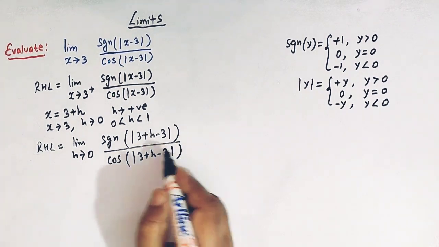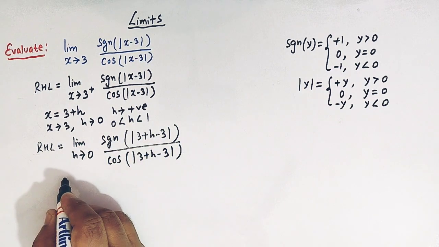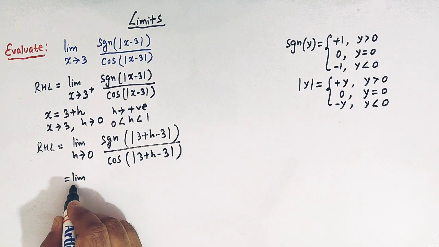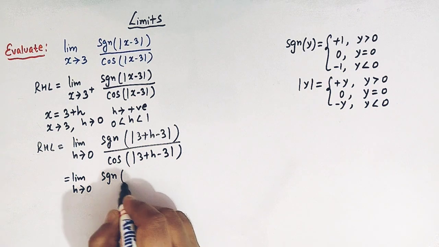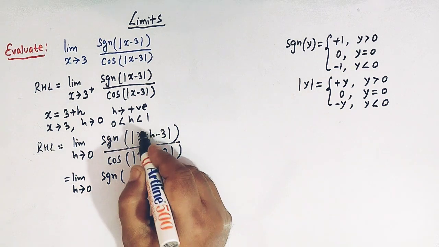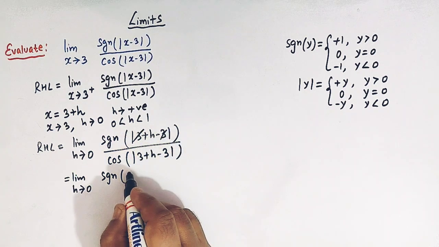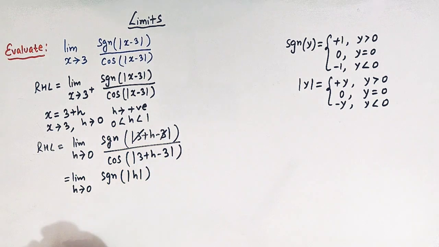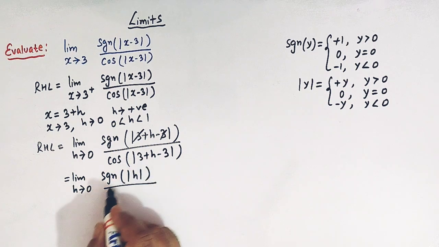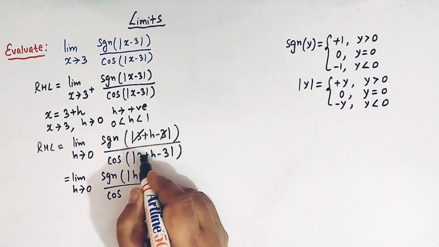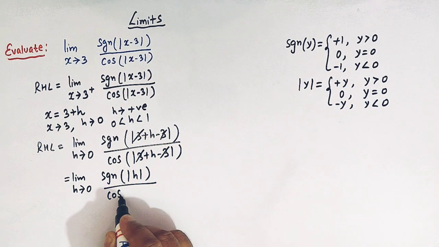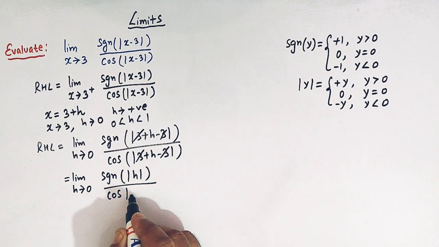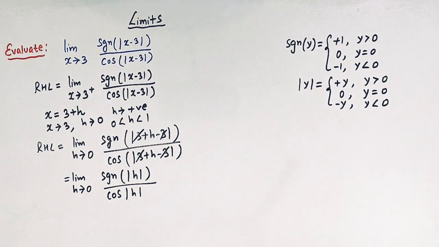Now let us simplify this expression. We have limit h tends to 0, and signum of, here 3 and 3 get cancelled, simply mod of h, and in the denominator also 3 and 3 get cancelled, we have cosine of mod of h, right?